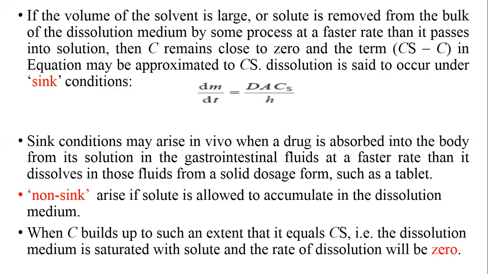When C builds up to such an extent that it equals Cs, that means when Cs and C are equal to each other, then delta C will equal 0, and then the dissolution rate will be 0 also. That means the dissolution will stop.